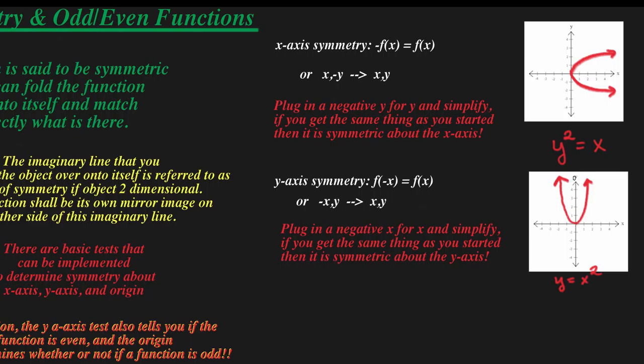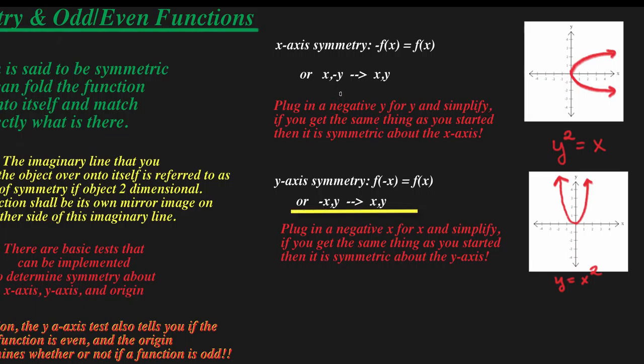Now let's look at y-axis symmetry. The easiest example is the parabola x squared. You can see this line of symmetry going right down the middle, and if my picture was a little bit more accurate, you would see that it would fold exactly onto itself. Here, the line of symmetry is the y-axis, or x equals 0.